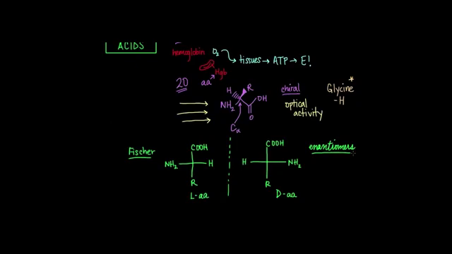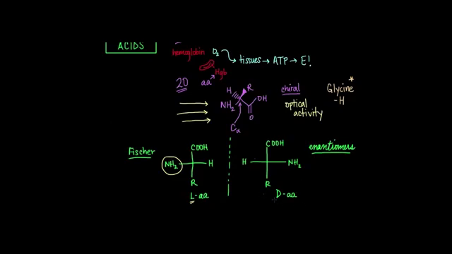And these two configurations look awfully similar and are really easy to mix up. And so the way that I like to keep them straight is if I look at where the amino group is. Let's take the L amino acid. If I look at where the amino group is, I can see that it is to the left of the projection. So L is for left amino group.